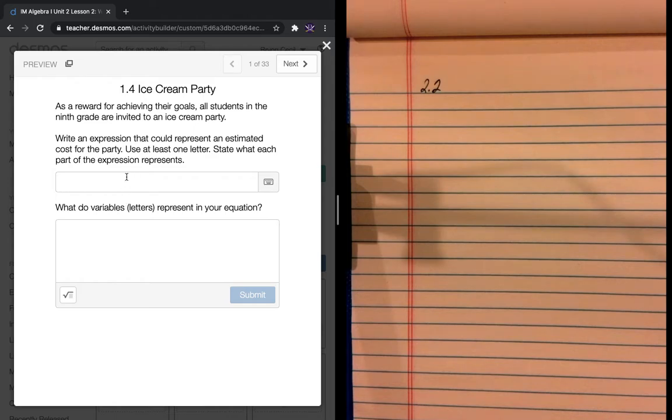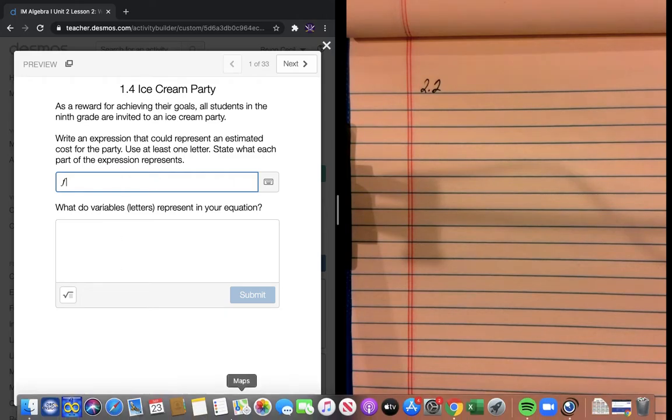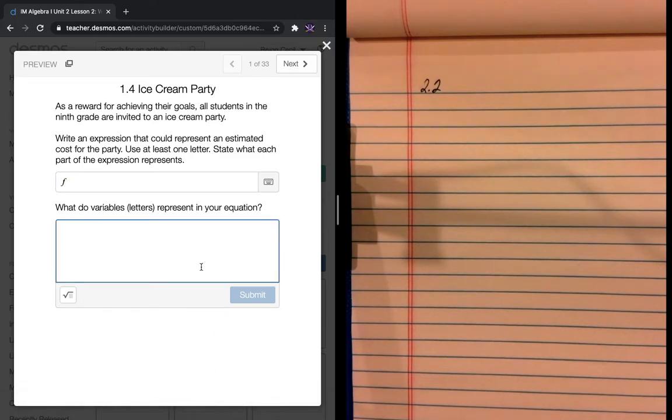For me, I'm going to go as simple as possible. We're going to use an F. F equals the number of freshman students.